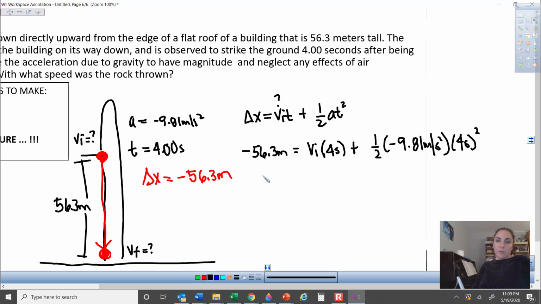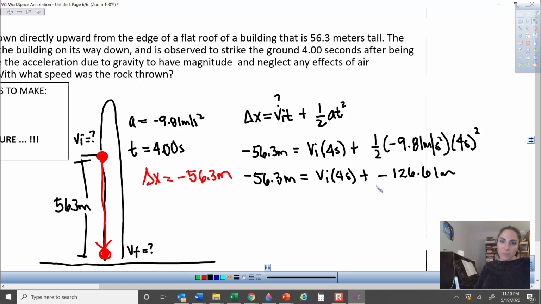So this becomes a fun algebra problem. So I'm going to rewrite everything. I'm going to leave that as this. And I'm going to go ahead and simplify this step. So 4 squared times 9.81 times negative 9.81, by the way. So I get negative 126.61 meters when I do that. I have to get V by itself, so I have to add that over.